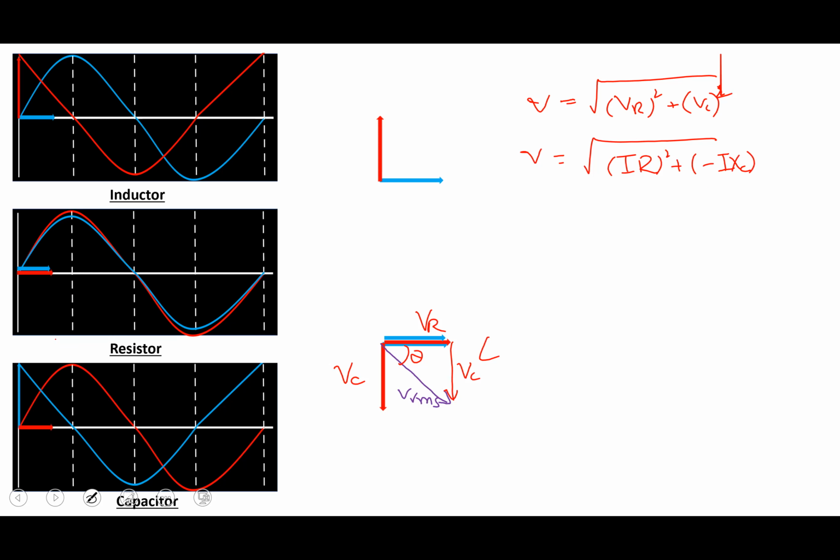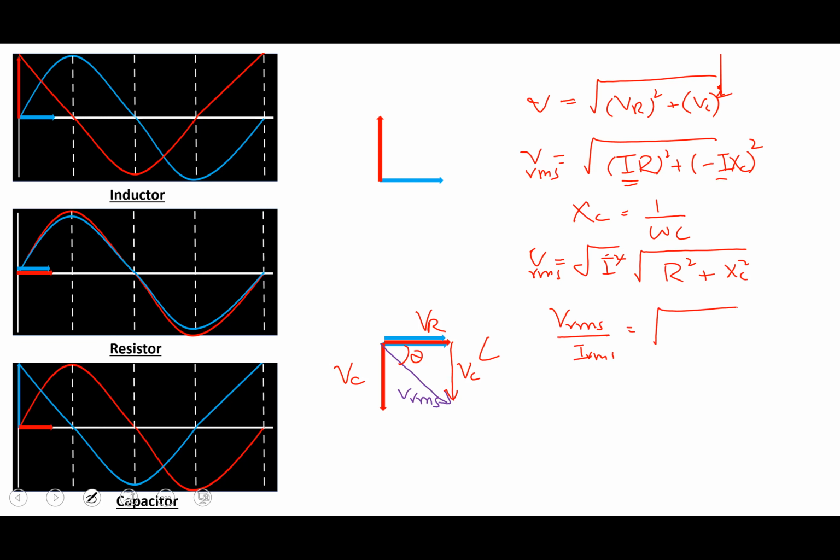Now, let's apply the value of Xc. Xc was equal to 1 over omega C. Now, simply by taking the value of I common, just like in the previous case, V, the root mean square value, is under root I square, and what we have left behind is R square plus Xc square, because this is also squared. This square cancels out and goes to the other side, with Vrms divided by Irms.